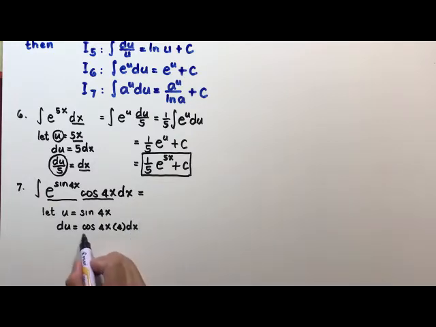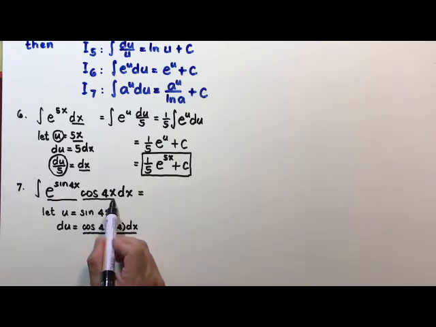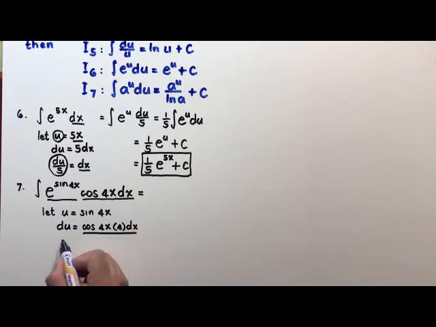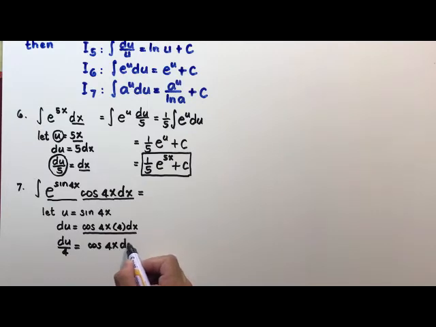And you see that this expression is not totally the same as our integrand here, with the dx, because I have a 4 as a numerical coefficient of cosine. So what will I do? I need to eliminate that 4 by dividing both sides of the equation by 4. So du over 4 is equal to cosine 4x dx.